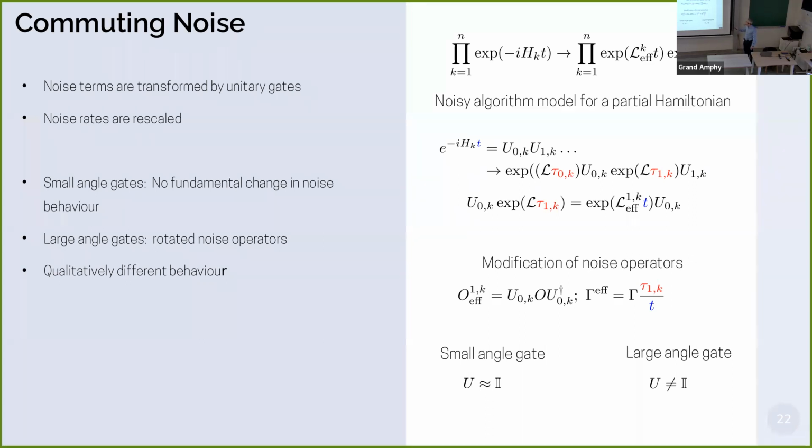You have the time that your actual gate takes, which is tau, and you have the time that you want to have simulated, and there's a connection between these times.